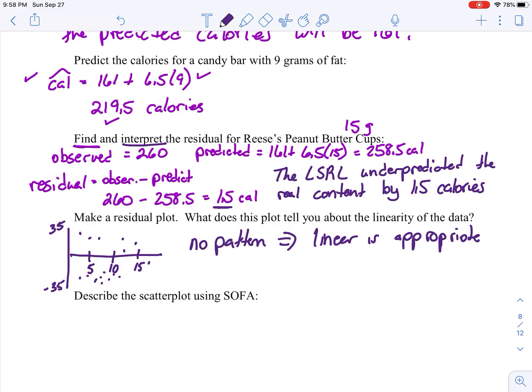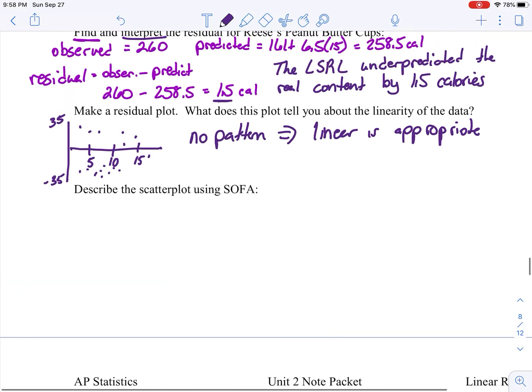Okay, all right, last thing, and then we're going to get this problem finished, wrapped up, put to bed, and then I can stop talking to you. So we're going to describe this again. We're going to use SOFA for it. Okay, we always want to include context.